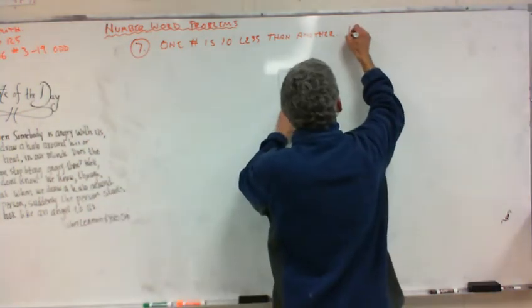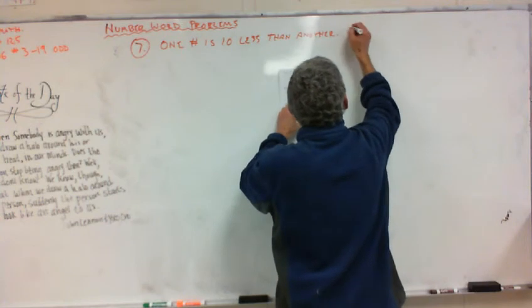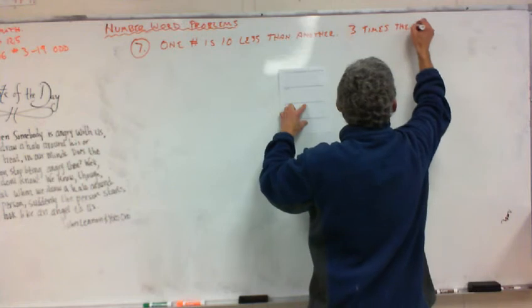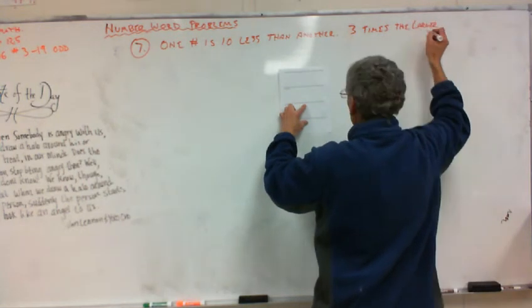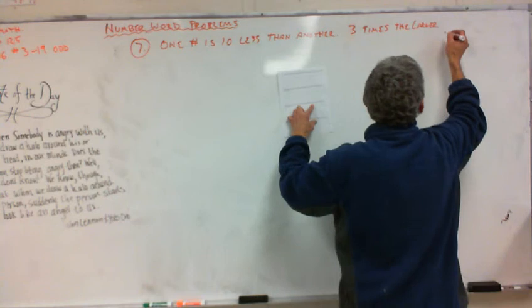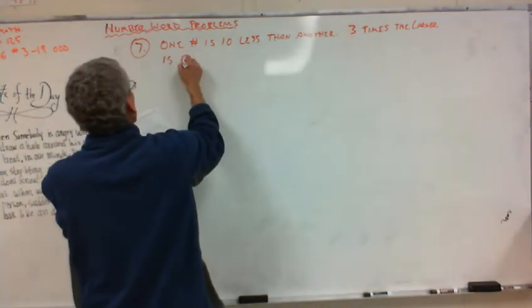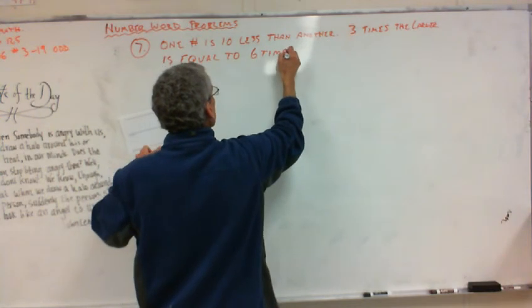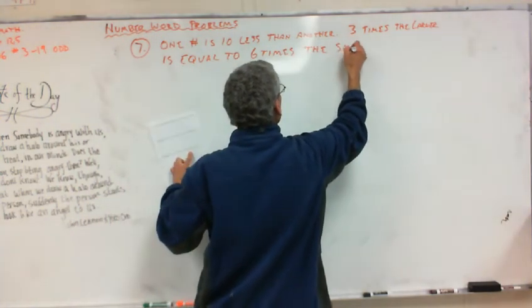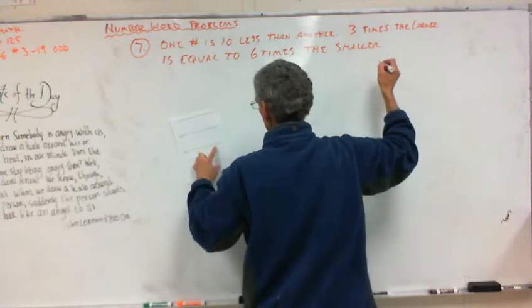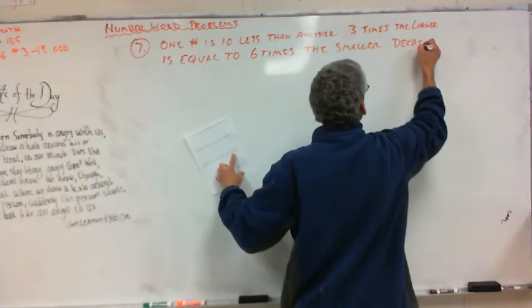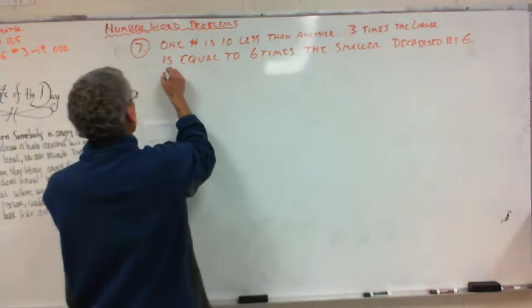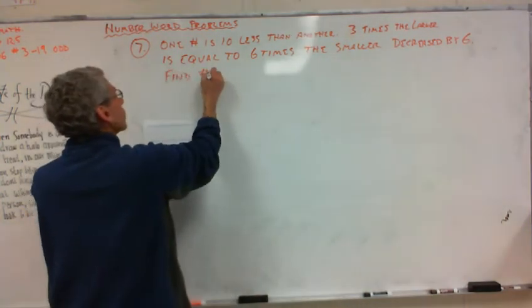And then it says: 3 times the larger is equal to 6 times the smaller decreased by 6. Okay, so find the numbers.